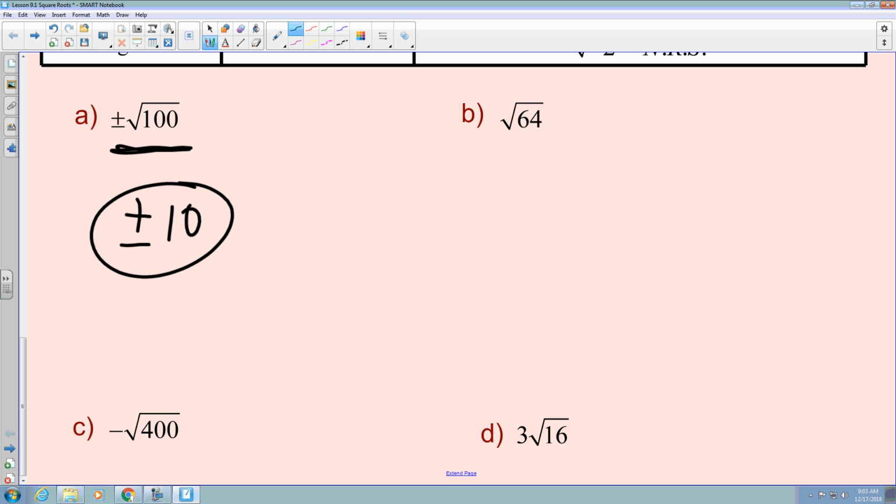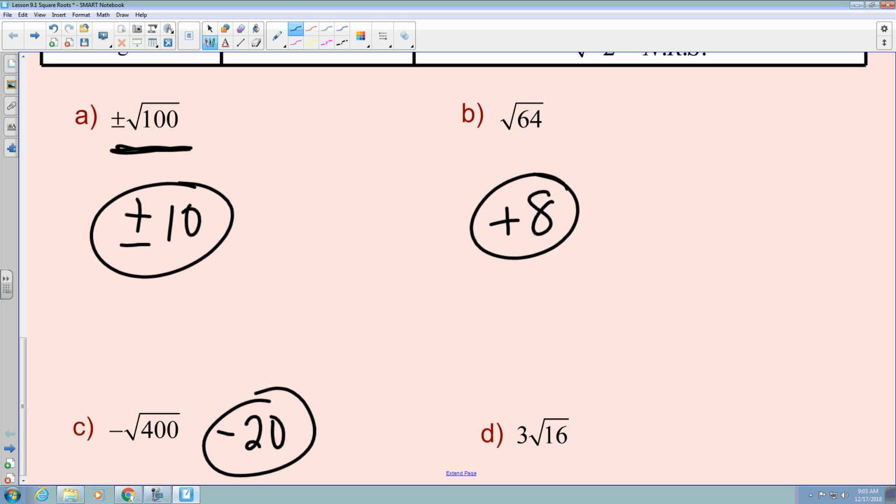For B, square root of 64, since it's positive and they already wrote the square root in, I just write in the positive value, and square root of 64 is 8. For C, I got the negative on the outside. That's not a no solution. Remember that, because it's on the outside of the square root, not on the inside. And the square root of 400 is going to be 20, so it is negative 20.